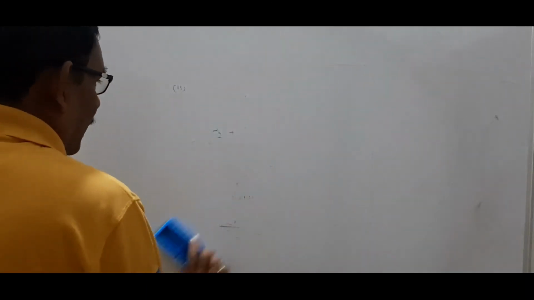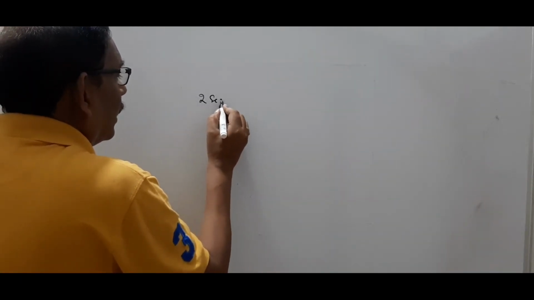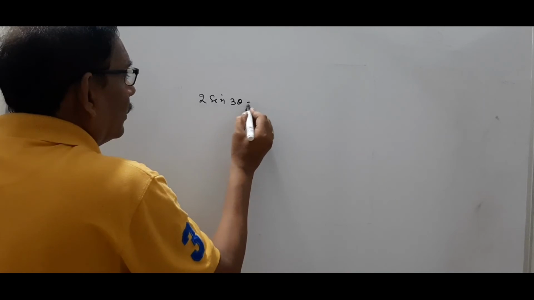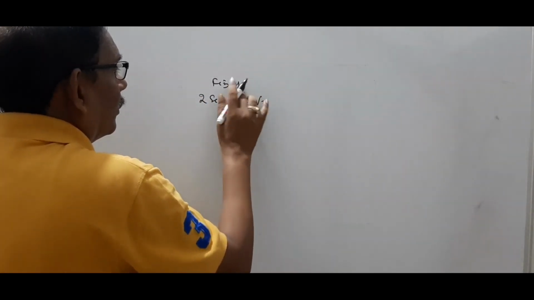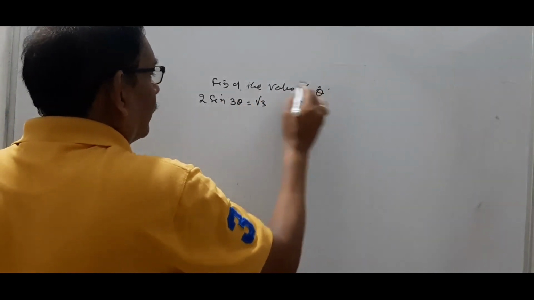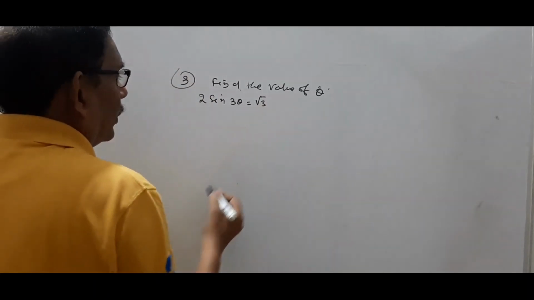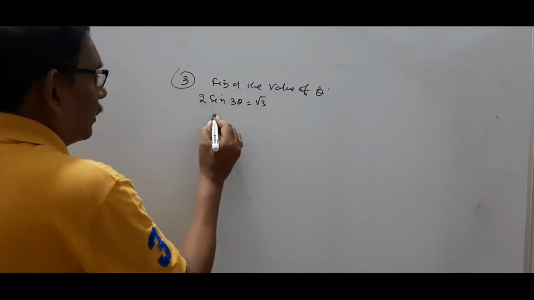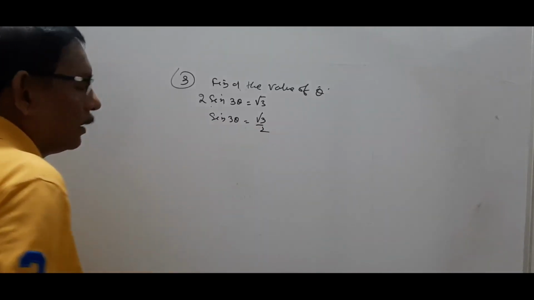Take another example. Example number 3: 2 sin 3 theta is equal to root 3. Find the value of theta. So how to determine the value of theta? Look here. Sin 3 theta is equal to root 3 by 2.